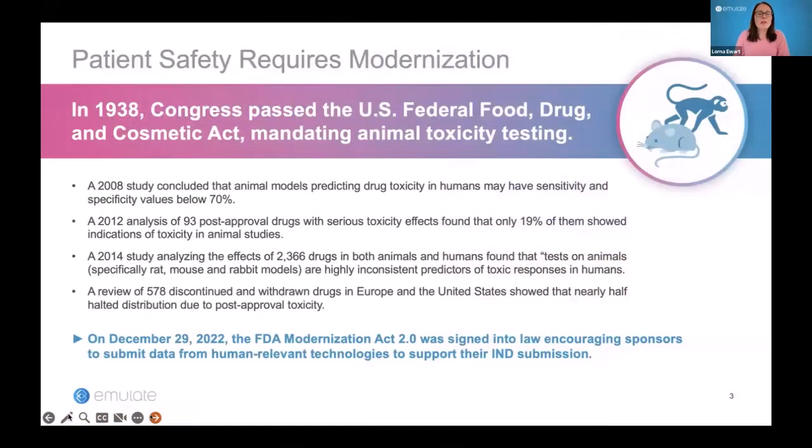So many of you know that in 1938, Congress passed the first US Federal Food, Drug, and Cosmetic Act, and this mandated animal toxicity testing. And of course, this was in light of the sulfanilamide disaster that had happened the previous year.